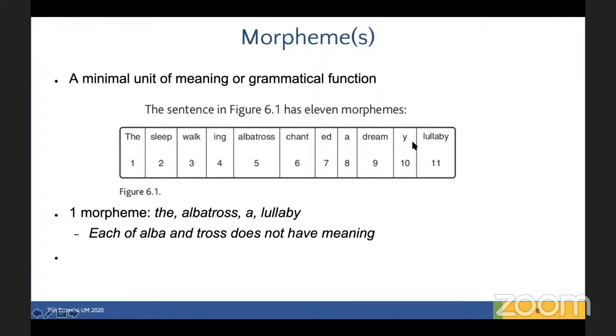But dreamy, dream, and y is the adjective formation. So that's why you can separate this into two different morphemes. So we have to know which one is the smallest unit in one word. So a word can be broken down into several morphemes.